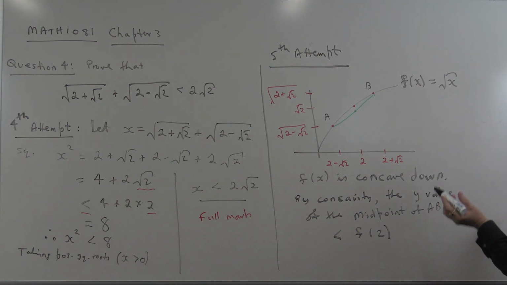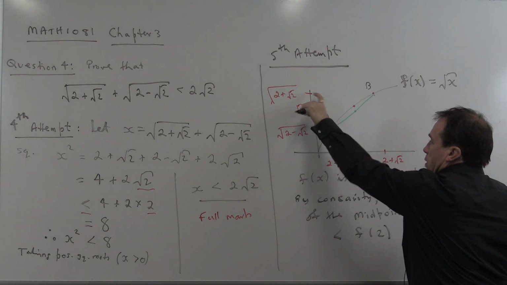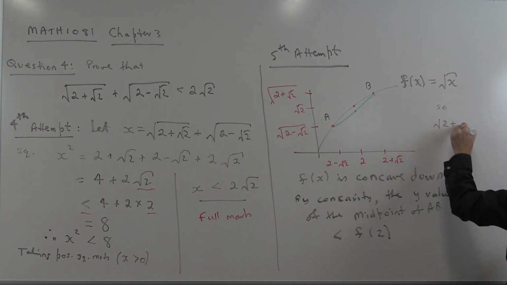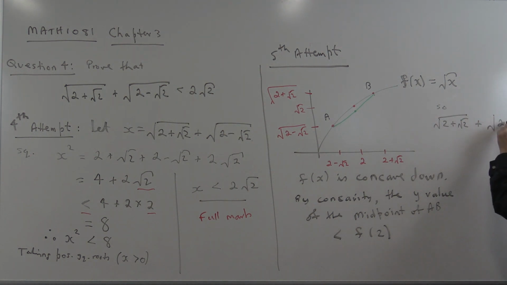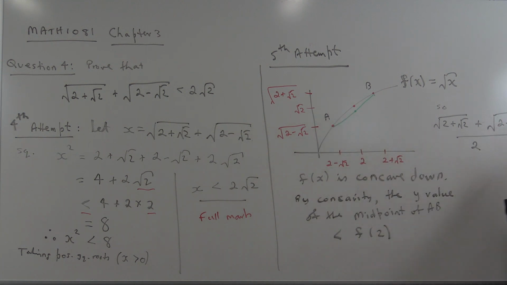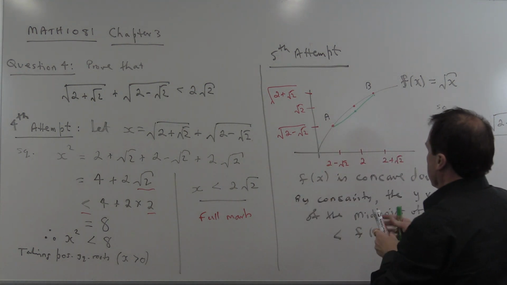Well, now I'm finished because the y value of the midpoint is the average of the y coordinates. So that says you take root 2 plus root 2 minus root 2, divided by 2. And that's going to be less than the y value here, which is root 2. We should have that root 2 a little bit lower there, I think.